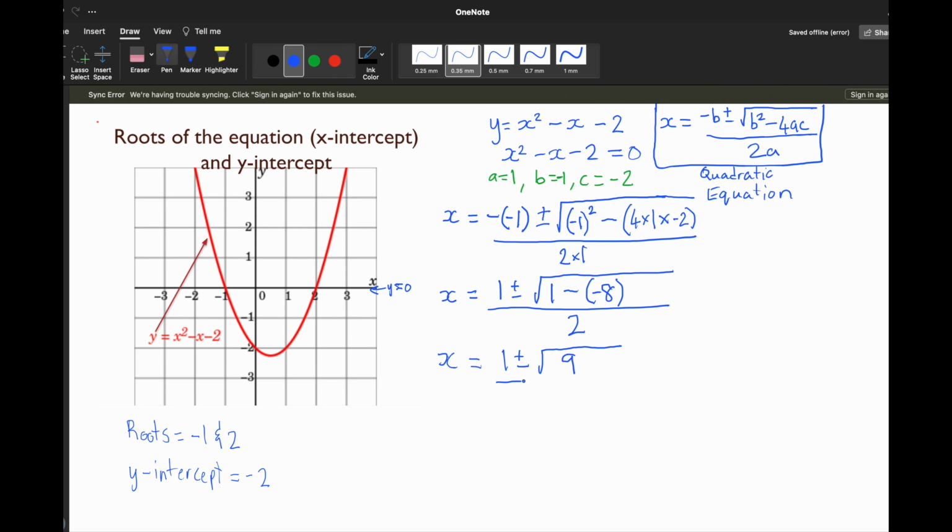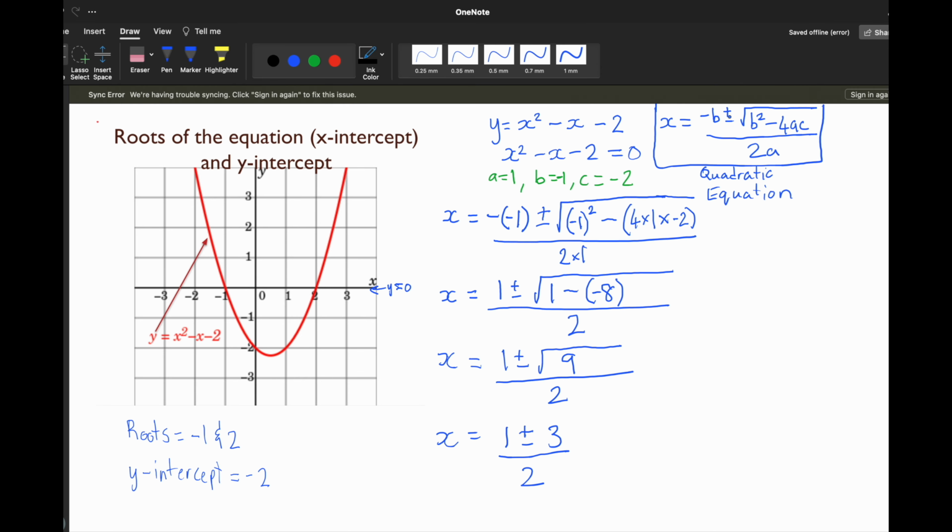And then that whole thing is going to go over 2. So you can back check this. 1 take away -8 gives me 9. Now this says, I need to do this again, but now I have to find the square root of 9. Okay, so the square root of 9 is going to be 3. So I'll have 1 plus or minus 3 over 2.